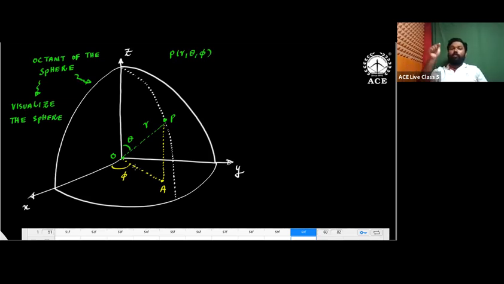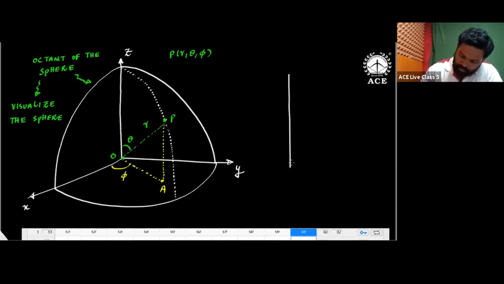Are OA and OP the same? No. They are not the same. OA is a shadow of OP. I'll draw only that section separately. Try to visualize this properly. Here it is Z.